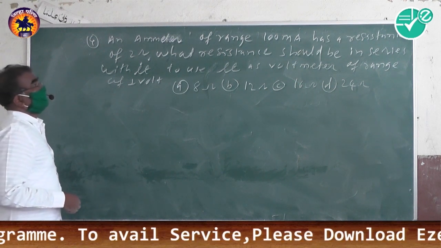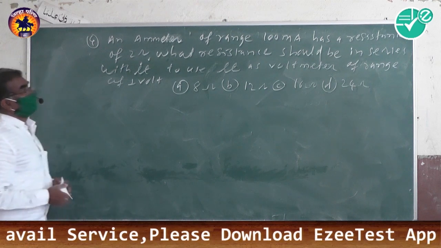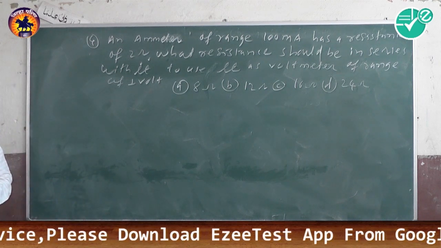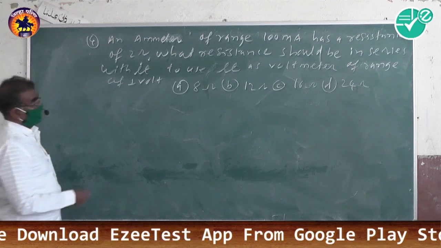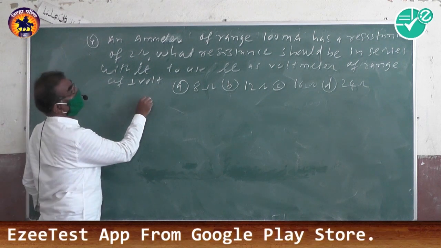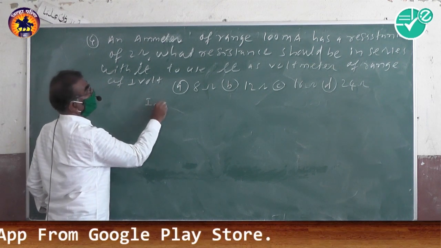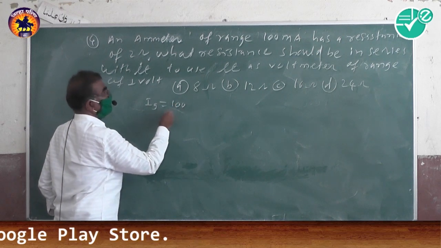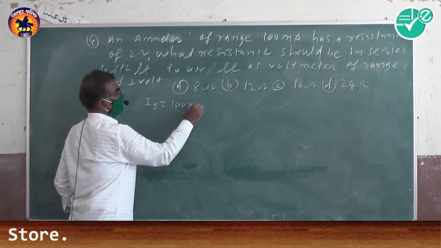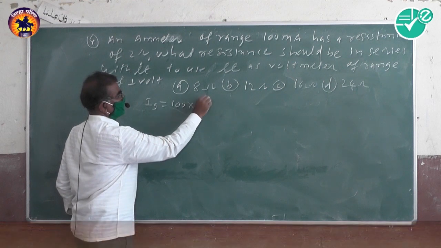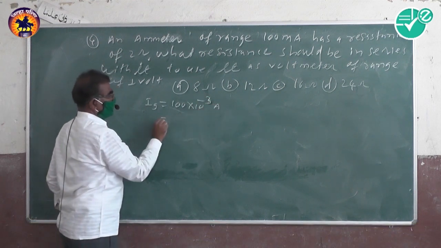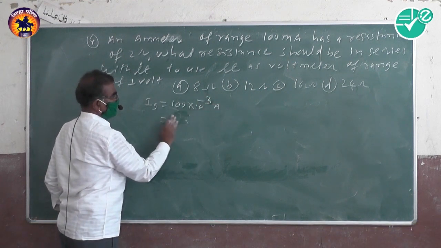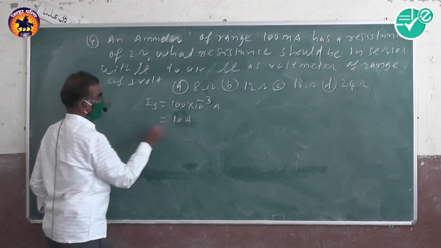That is an ammeter of range 100 milliampere, Ig equal to 100 milliampere, 10 raised to minus 3 ampere, that is 10 raised to minus 1 ampere.